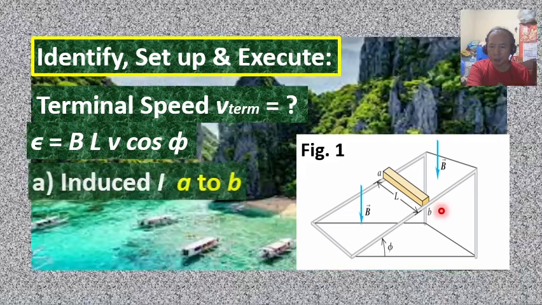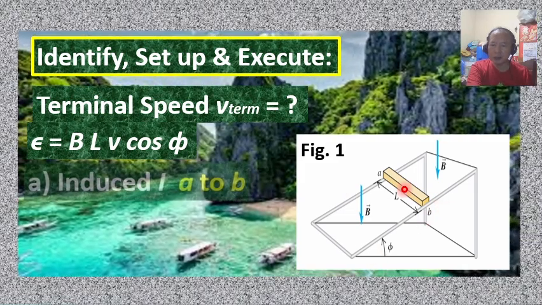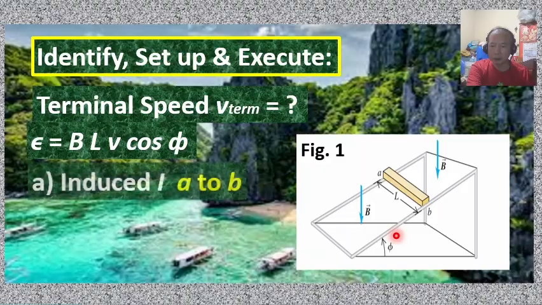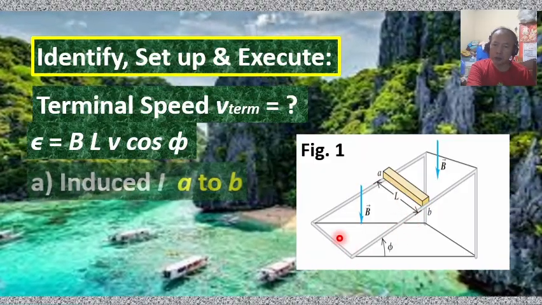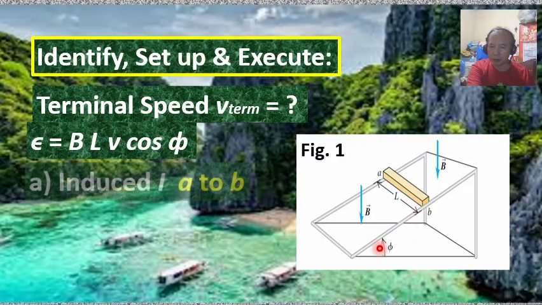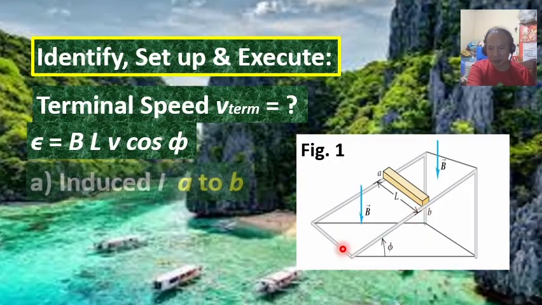And as far as the outside direction of the current, when we say outside, we are describing the closed loop that the bar makes with the rails.